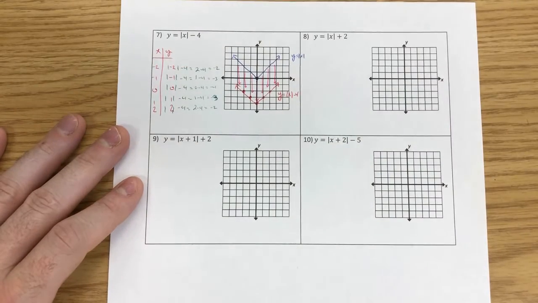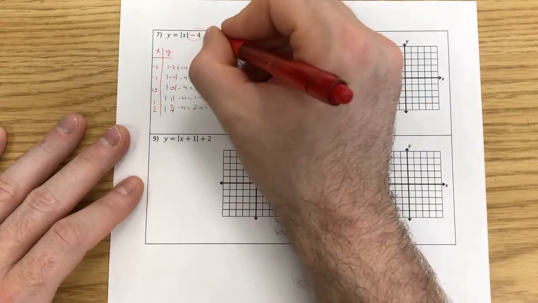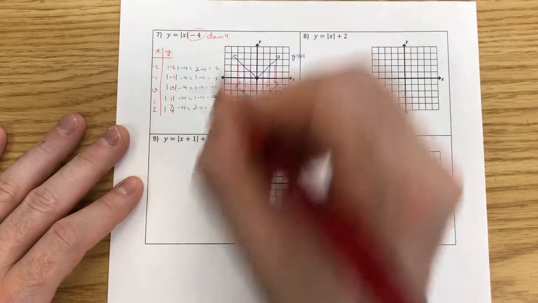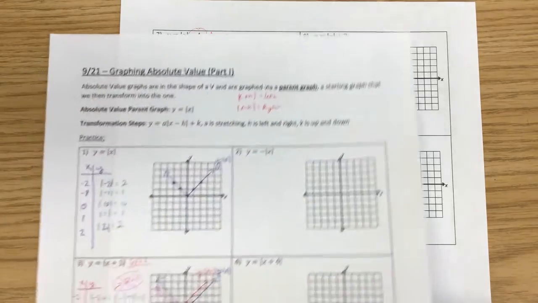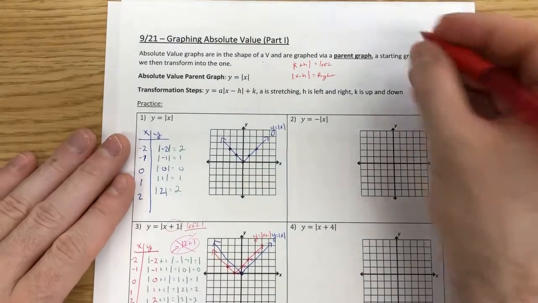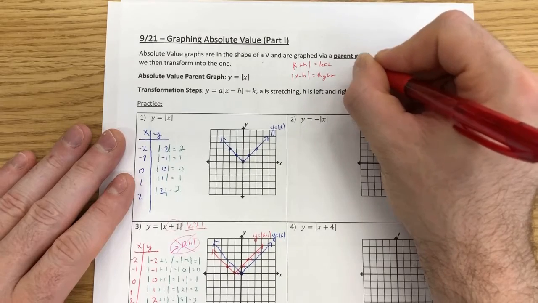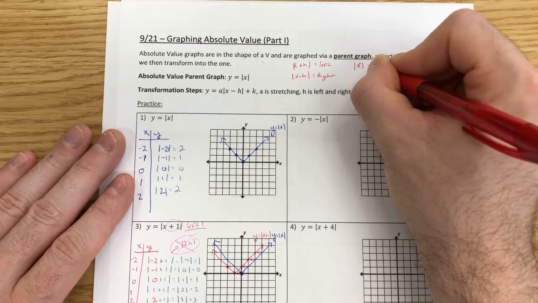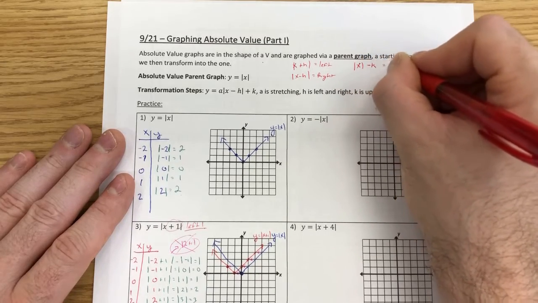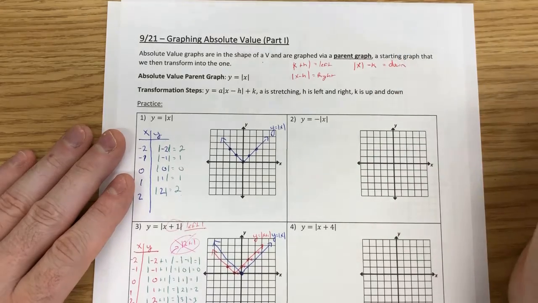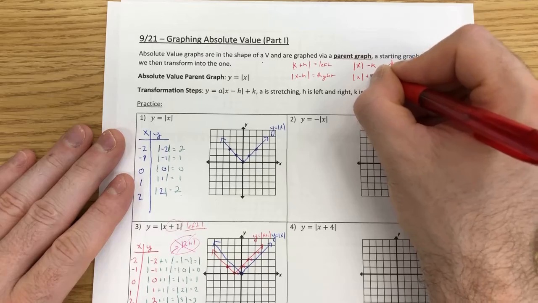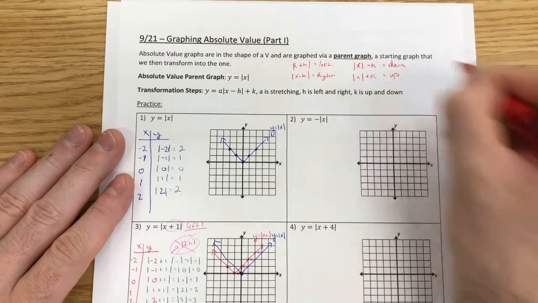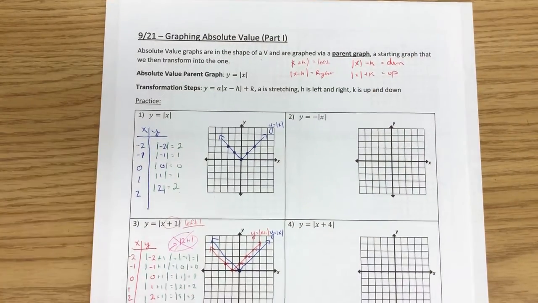So the entire graph has moved down. So we can chalk that up to another rule. Down by 4. Which means we can again come over to our set of rules and say, hey, if I have the absolute value of x minus k on the outside, that is down. And by conclusion, we can say plus k means up.